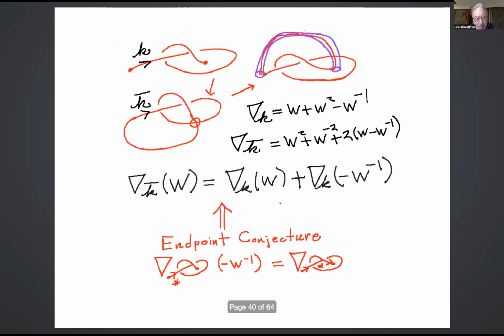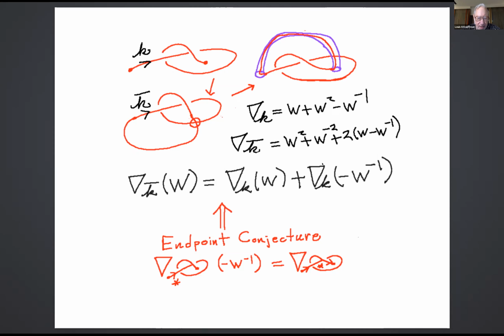And the relationship is as follows, that the guy that's in the torus is actually equal to the sum of the evaluation of the knotoid with the star at this end, plus the evaluation of the knotoid with the star at the other end, which we were considering before.